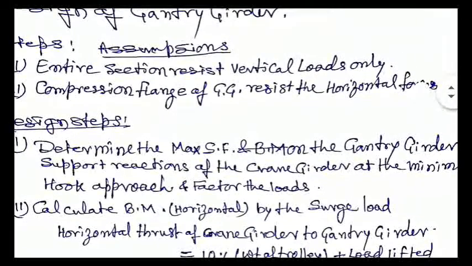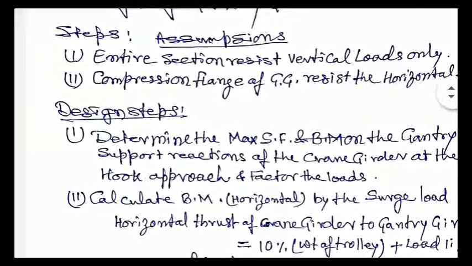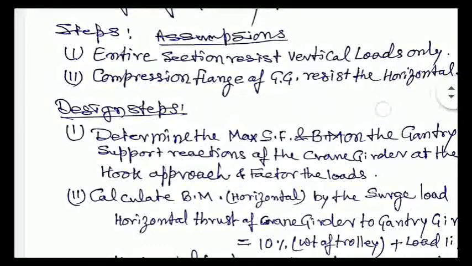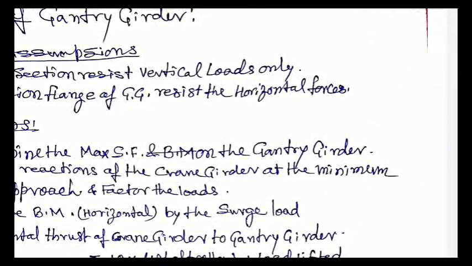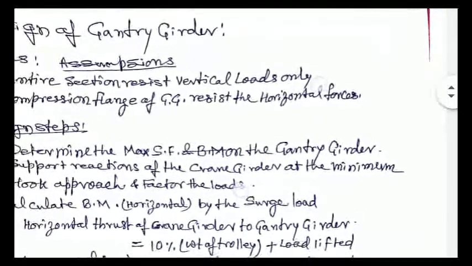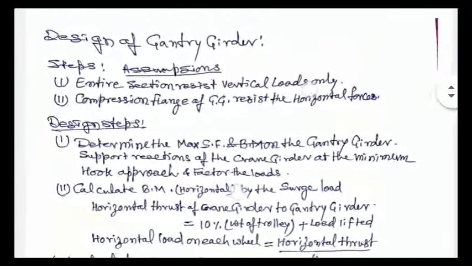First assumption is the entire section resists vertical loads only, and second is the compression flange of the gantry girder resists the horizontal forces. Okay, so now we are going to start the design steps.